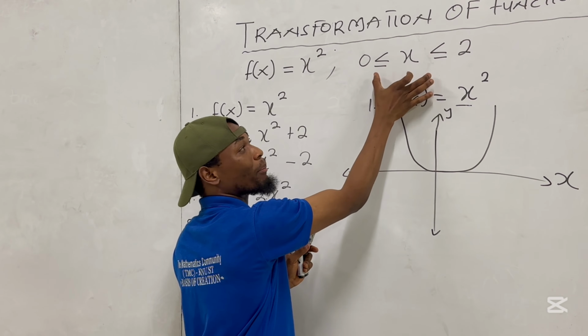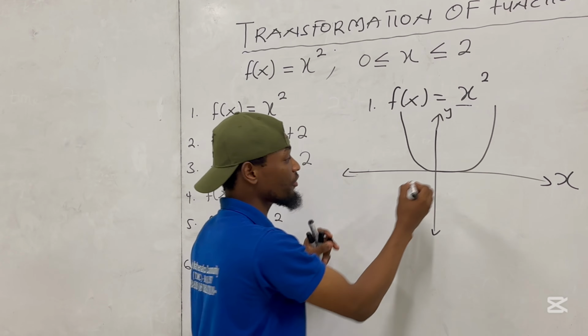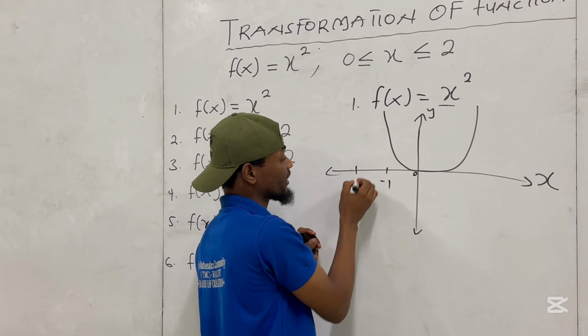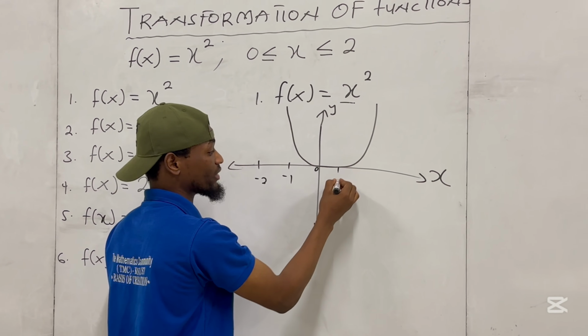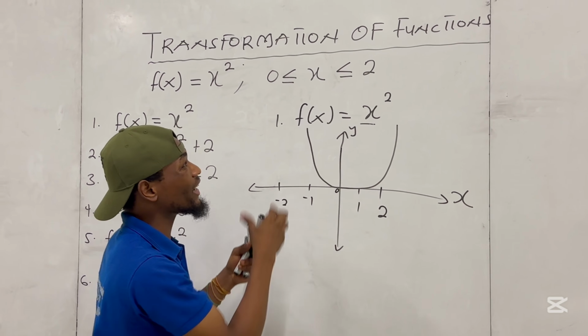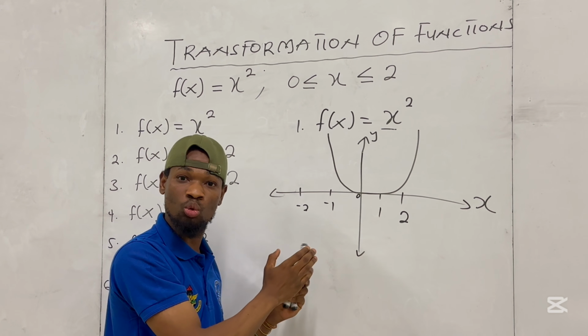So let's apply this condition over here. If here is 0, this is -1. Let's say this is -2, for the negative side. And this is, let's say, +1, and let's say this is +2. Per the inequality or the condition, which side am I supposed to work with?